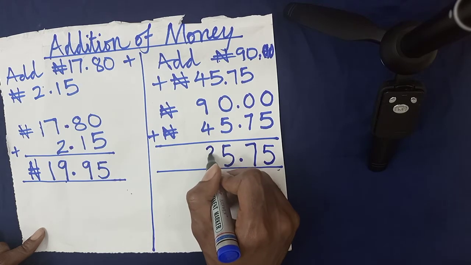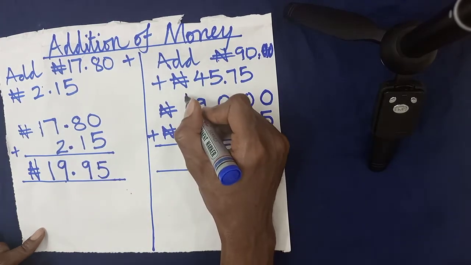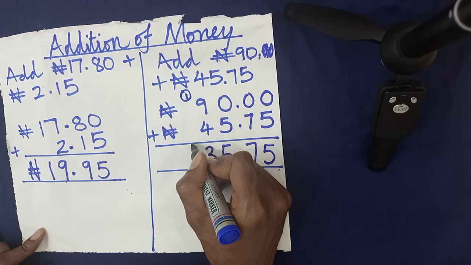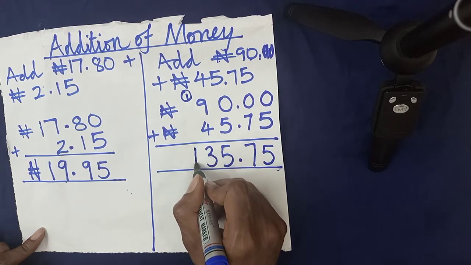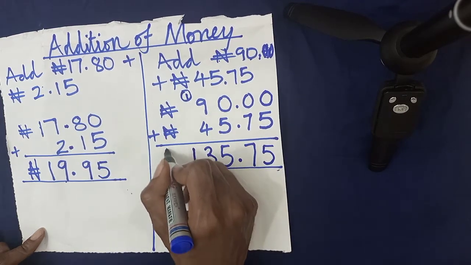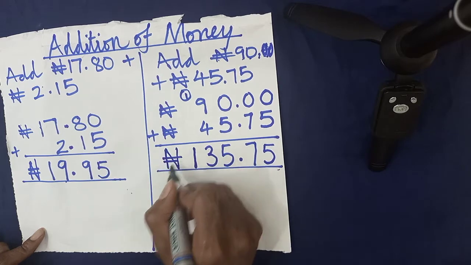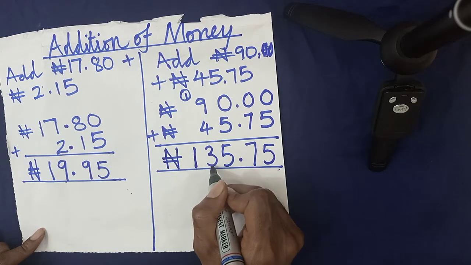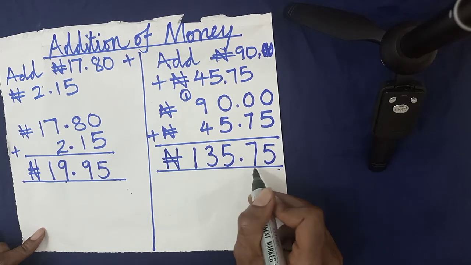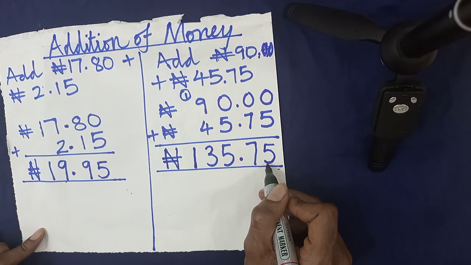We write down 3 and we carry 1. There is nothing to add to the 1, so we bring it down. So we bring down our naira sign. Our answer is 135 naira 75 kobo.